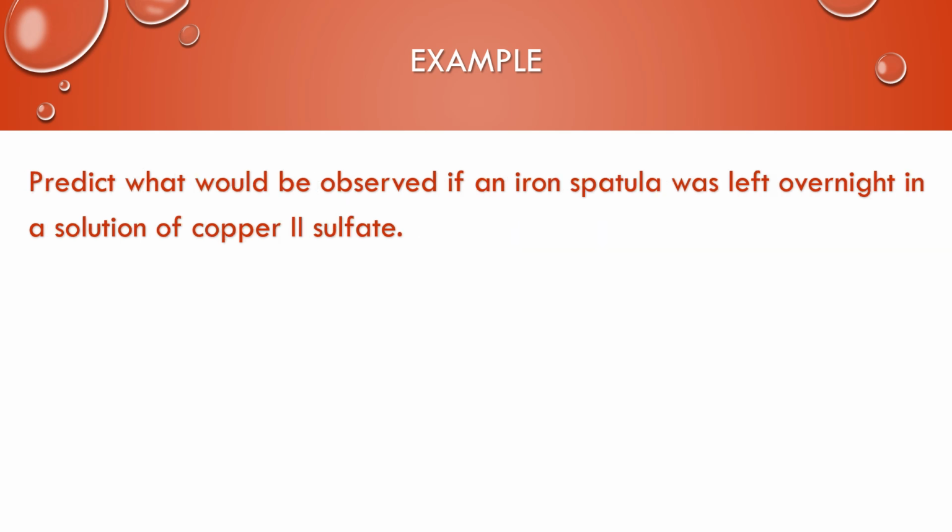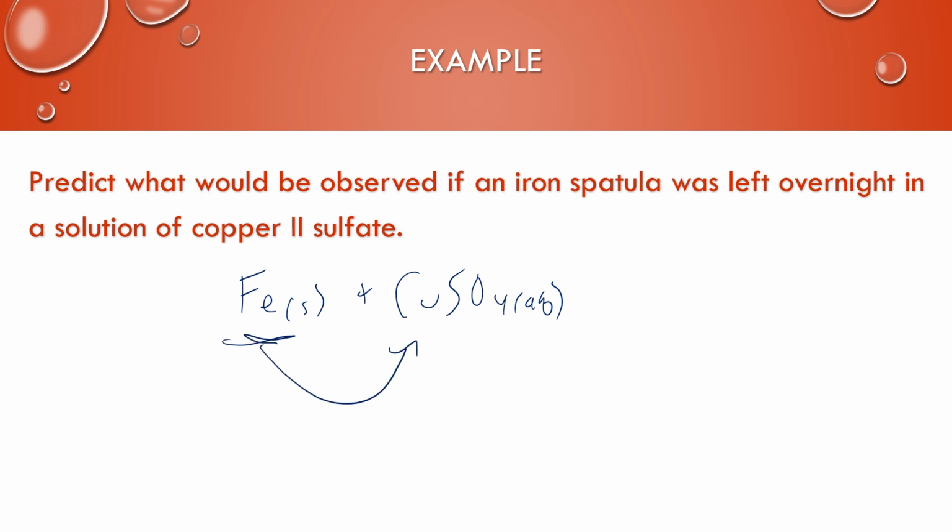Okay, so for this example, it says, predict what would be observed if an iron spatula was left overnight in a solution of copper 2 sulfate. So that means I have some solid iron being left in a solution of copper 2 sulfate. I know that the sulfate is going to be a spectator ion. I just need to double check with my activity series to see whether the iron will be able to displace the copper.